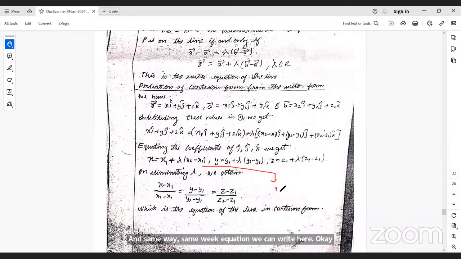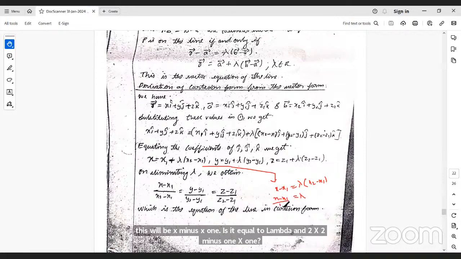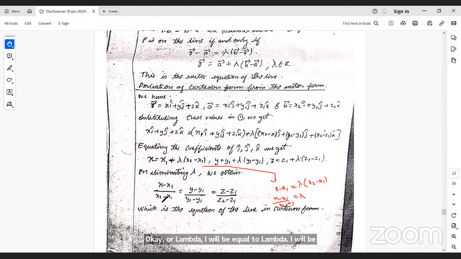So this will be x minus x1 is equal to lambda into (x2 minus x1), okay, or lambda will be equal to (x minus x1) upon (x2 minus x1). So this is the first term we are getting. Similarly, we will get it for y and for z, okay, and all the three are equal. So this equation 2 is also called the equation of the line passing through 2 points in Cartesian form.